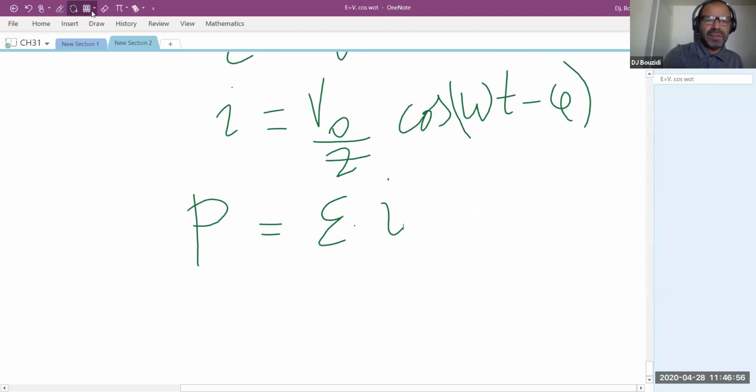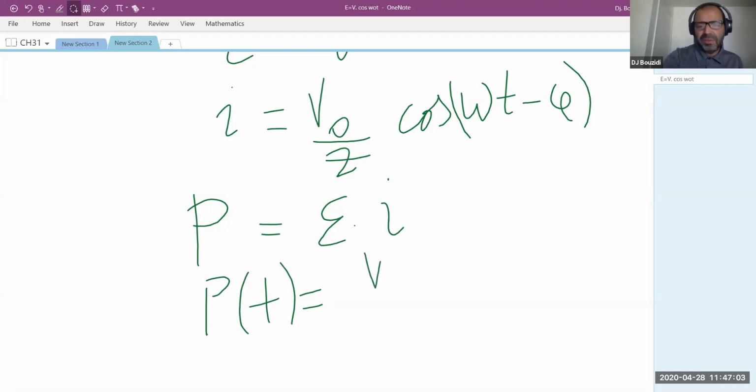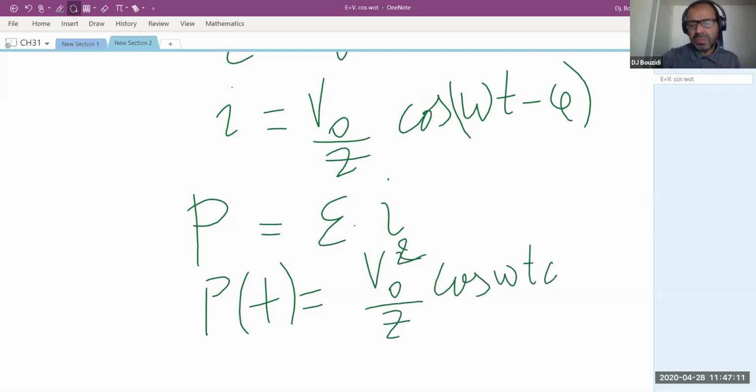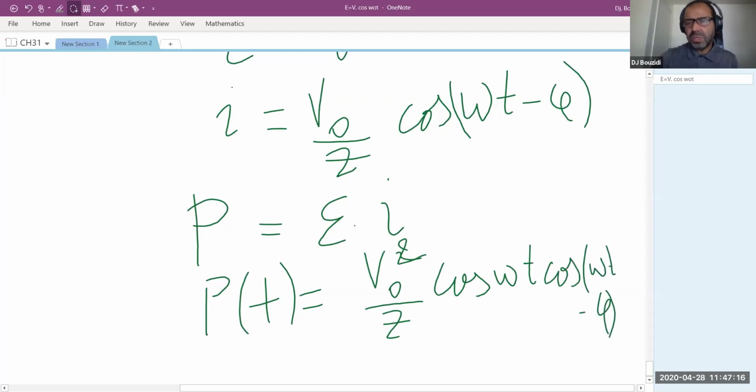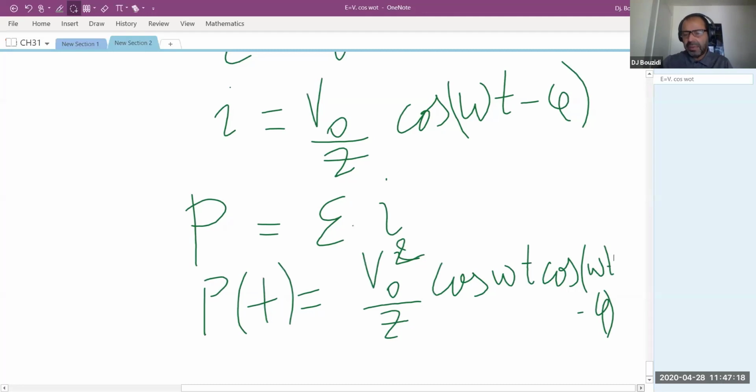In this case, all I have to do is the product of these two. And this is time dependent because this whole signal depends on time. So the power is going to be V naught squared, because you have a V naught and a V naught, divided by Z times the cosine of omega t times the cosine of omega t minus phi. In other words, this power depends on time.